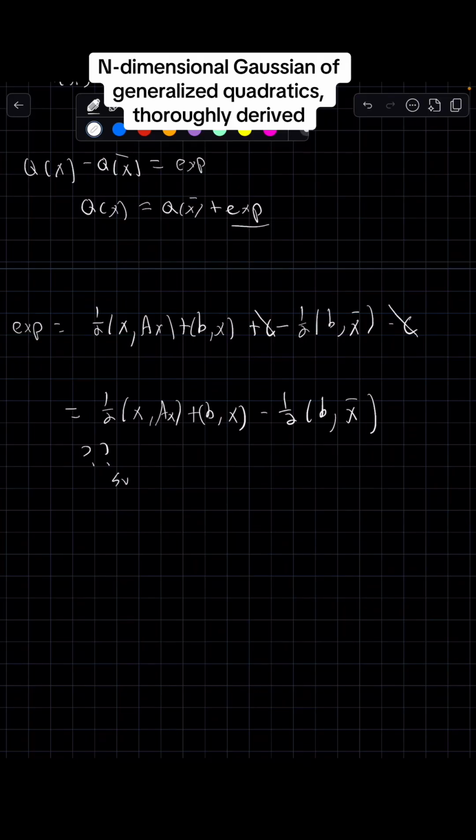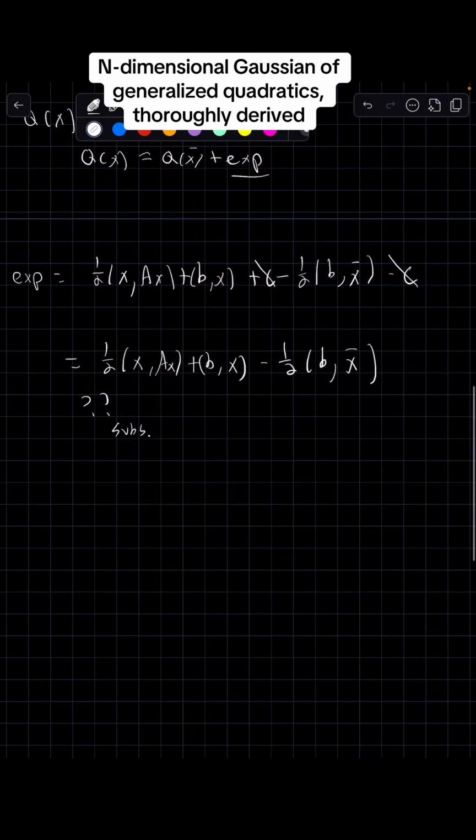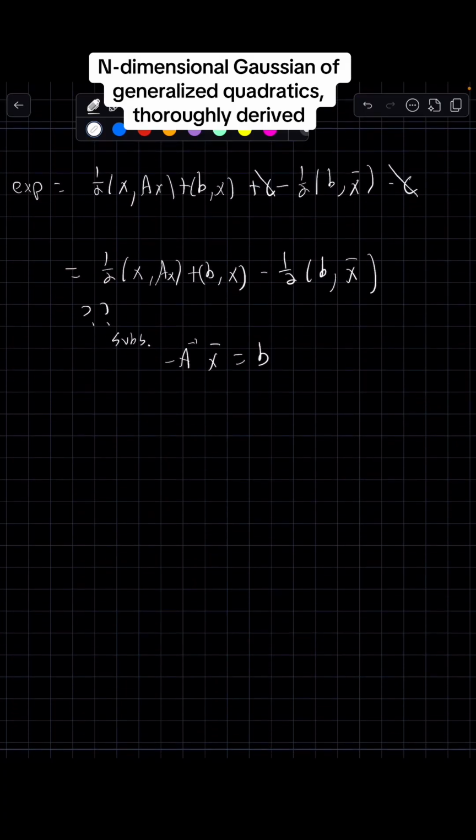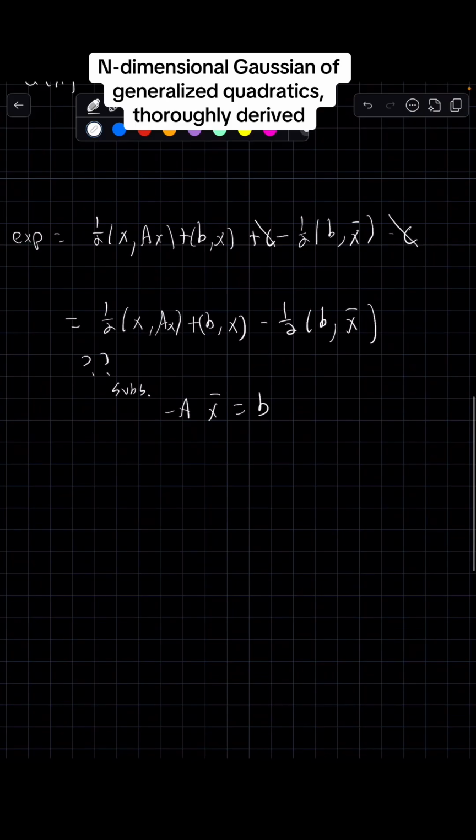Let's substitute minus A x bar equals b. It's not minus 1, actually. It's minus A. There you go. Because all we did is x bar equals minus A inverse b, and we just multiplied by A on both sides. A inverse A equals identity.